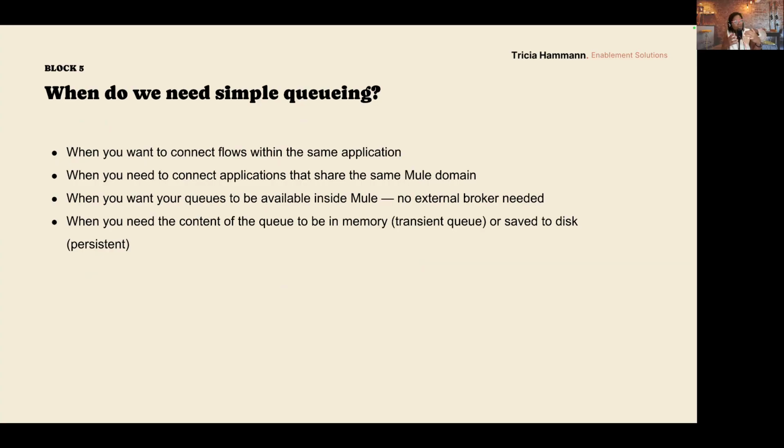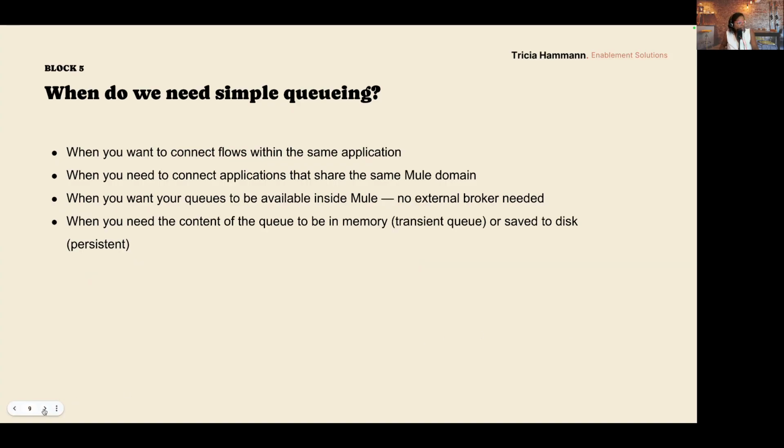In this case, we speak about persistent queues. Now, so far you haven't seen any queue, but we mentioned already that when we are working with the VM connector, we work with queues as well. And yes, another need that you can cover with simple queuing is when you want queues to be available inside Mule. No external broker is needed.